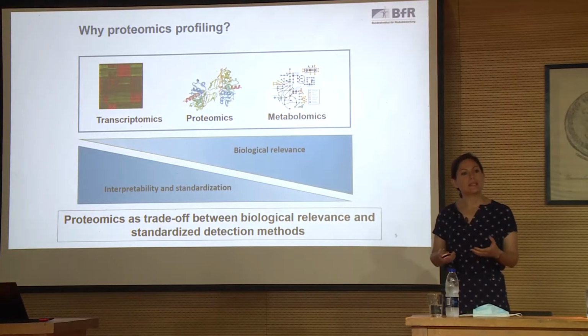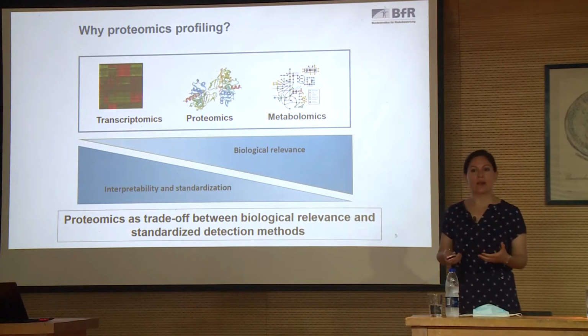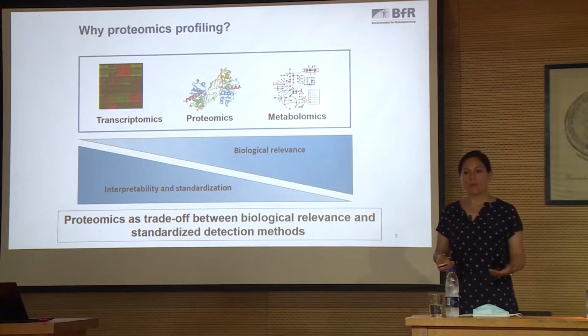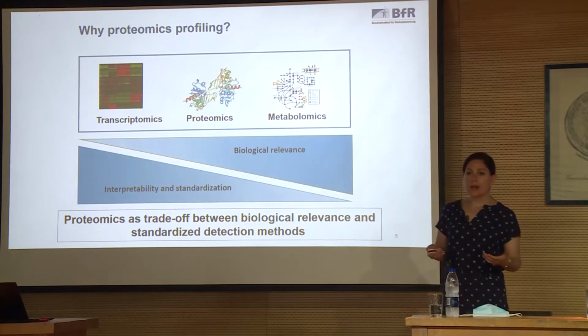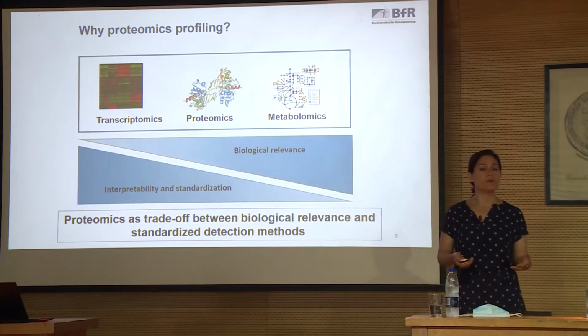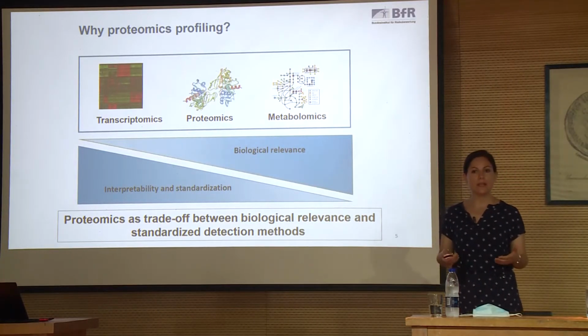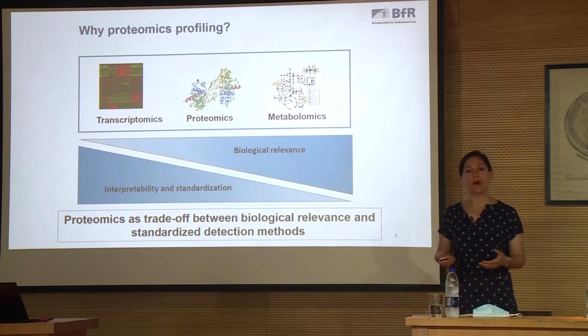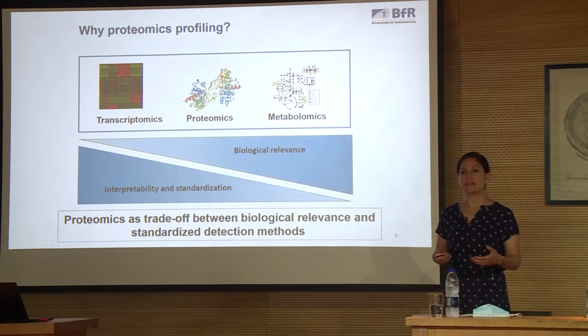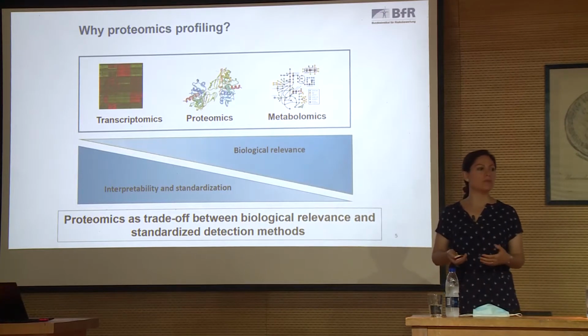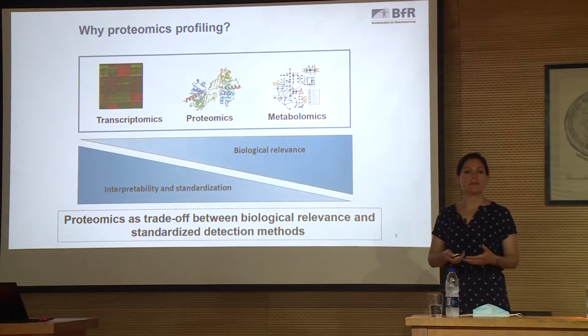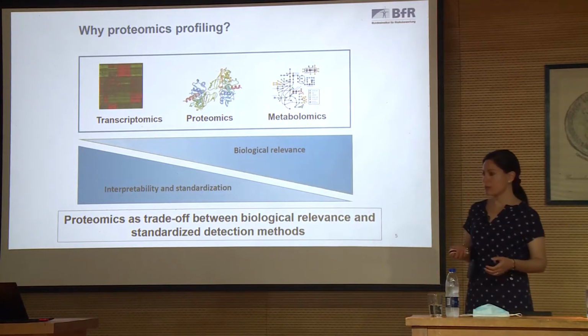The problem is that it's not so standardized. How you prepare your samples, how you measure them, which machines you have, the output you get, this is all very different. And then the analysis, how do we proceed with the analysis? The standardization is key here, so that it can be useful for risk assessment and for regulatory purposes.